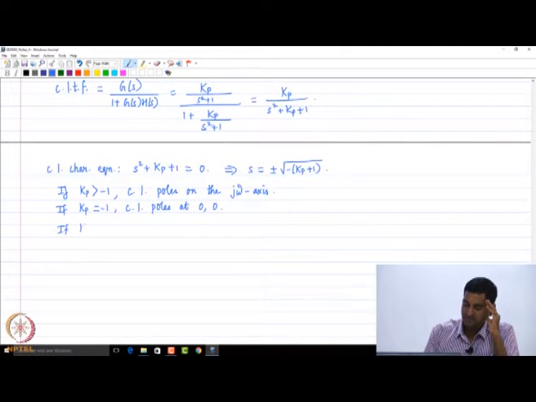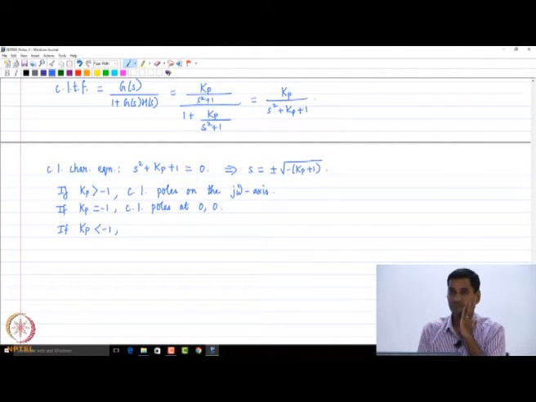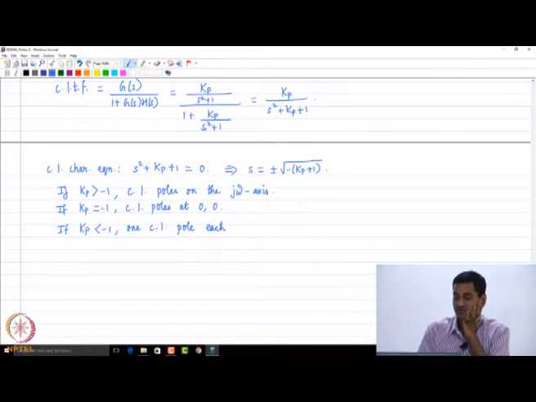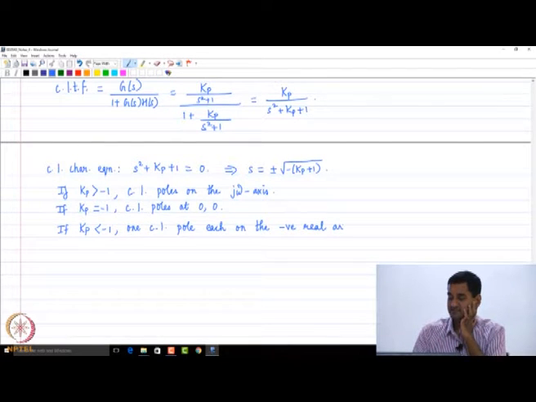And what happens if Kp is less than minus 1? We will see that one closed loop pole each lies on the negative real axis and positive real axis, correct?